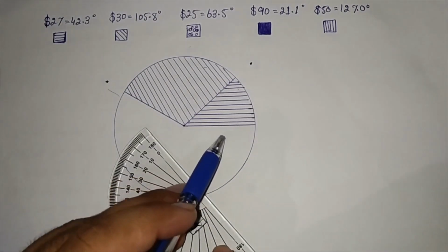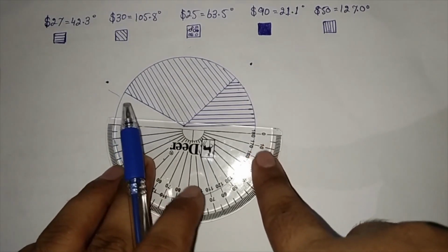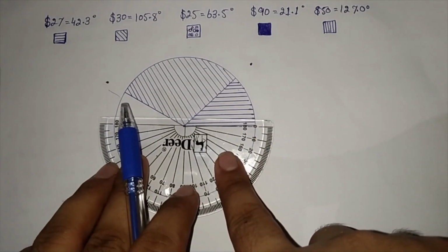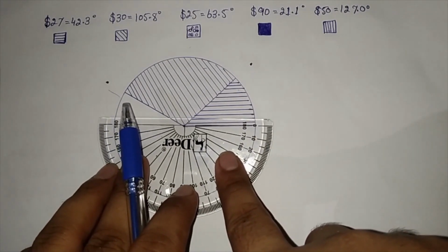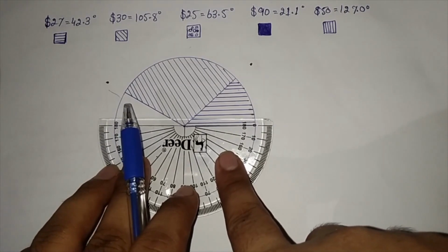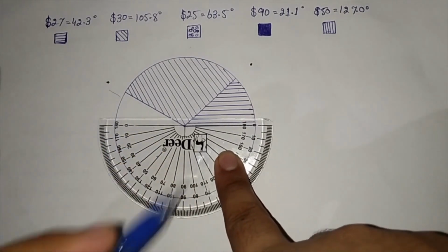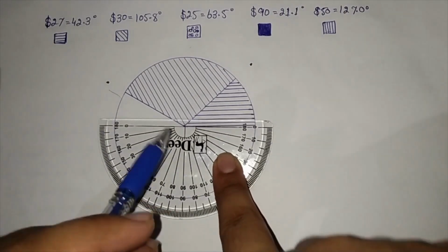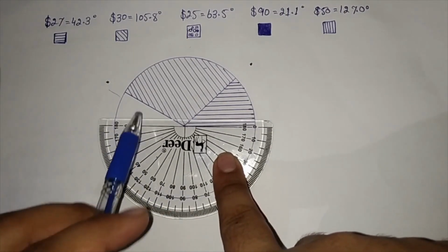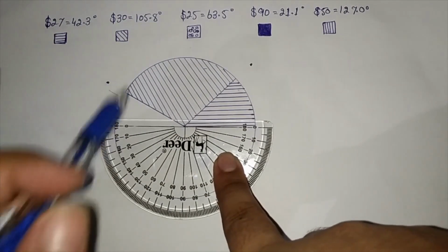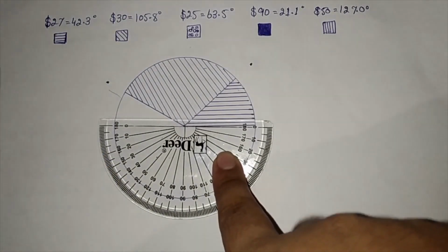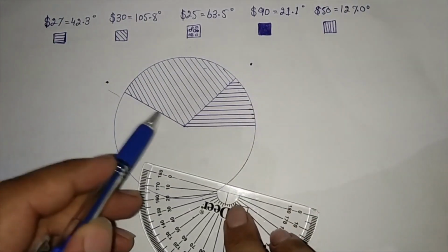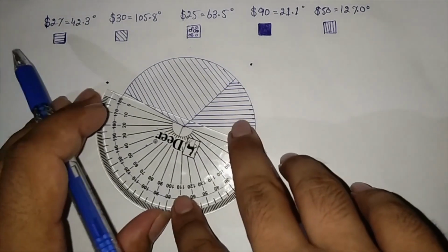Or if we are using this line, similarly we will put it like that, so that we can count the degrees. So we have 63.5 degrees. Let's take this as a baseline.